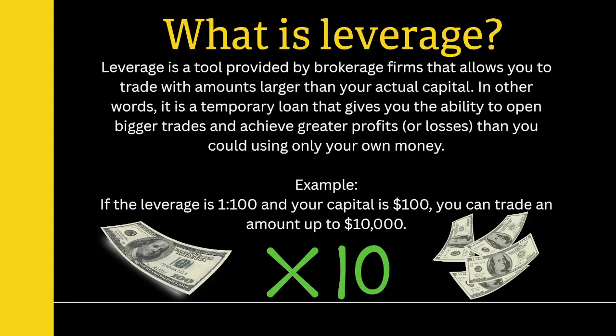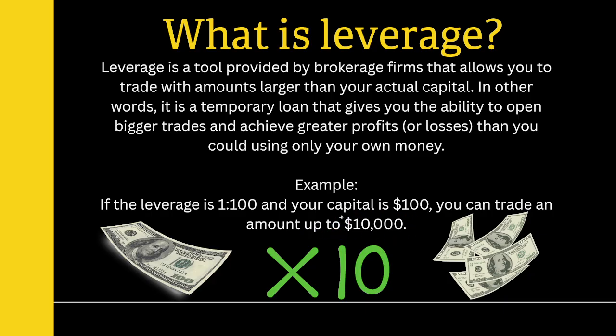Let's take an example. If the leverage is 1 to 100 and your capital is $100, you can trade an amount up to $10,000 because with this number, you technically multiplied your capital by 100, which makes you able to enter and exit trades with this amount of capital.